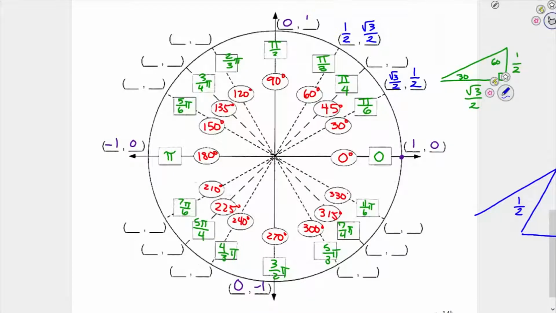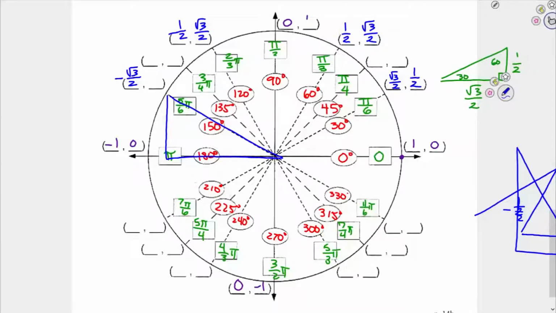Going over to 120 right here, I'm going in the negative x direction, the short leg, negative 1/2, and then I'm going up the longer leg, a positive root 3 over 2. And then I'm over here. In the x direction, I'm going negative the long leg, so negative root 3 over 2.